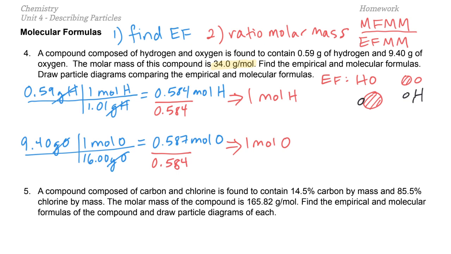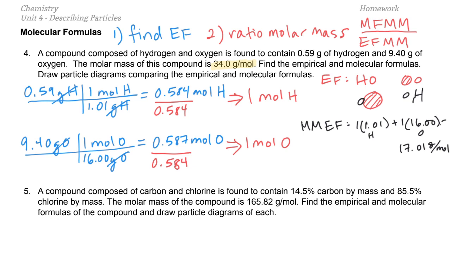And the way we're going to do that is first we have to find the molar mass of the empirical formula. So the empirical formula is OH, which means to find the molar mass, we will take 1 H, that's my H, and we will add 1 O. And when you add those two things together, you get that it's 17.01 grams per mole.